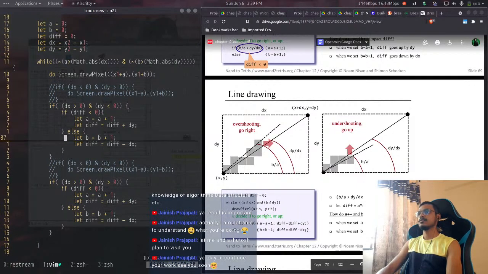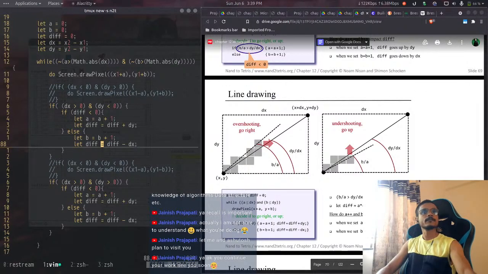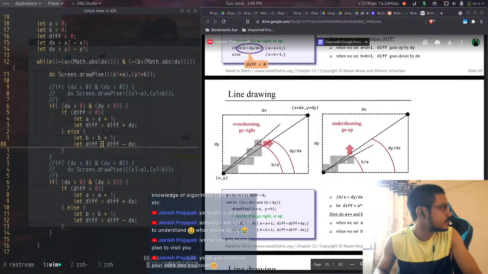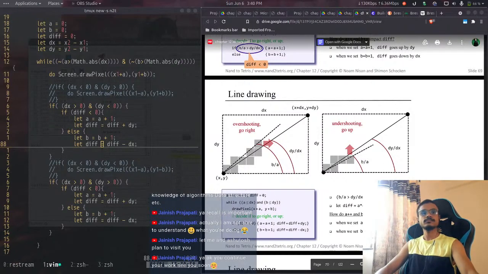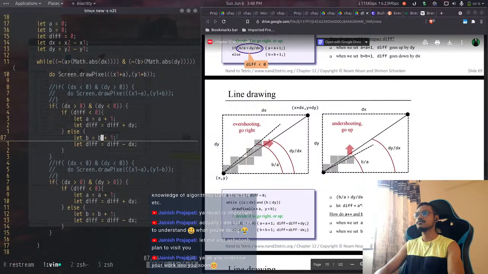But for dy, all right, yeah, B. We should decrement B in this case, right?